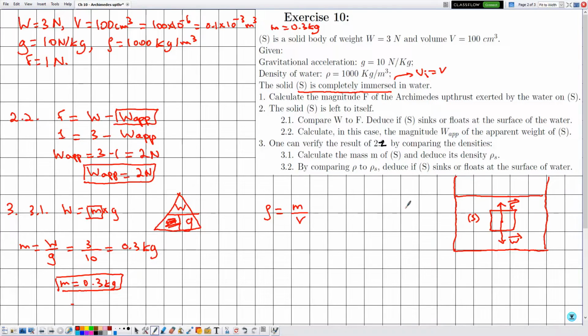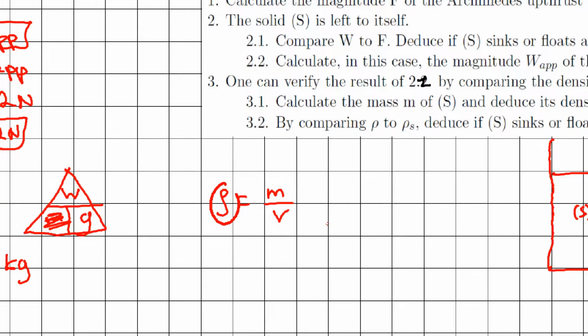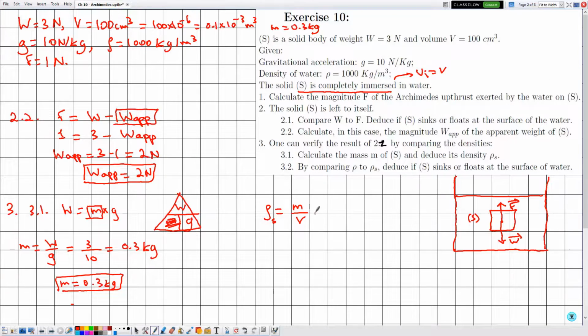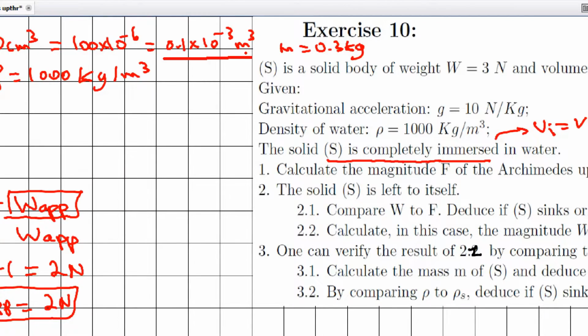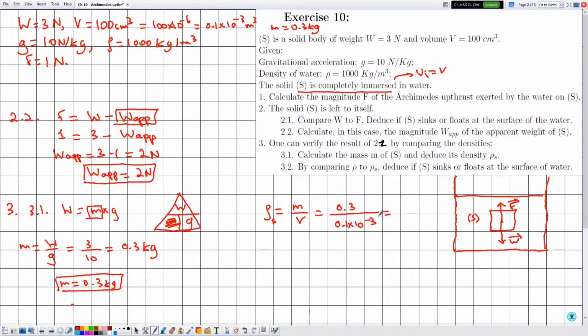No need to construct a triangle because this is the quantity that we want to determine, which is denoted by rho S. The value of m is given by 0.3 and the volume is given by 0.1 times 10 to the power minus 3 in the SI. So plugging this fraction on the calculator, the density is given by 3000. Since everything is in the SI, the value of rho S will be in the SI, which is kilograms per meter cube. Then the density of the solid is given by 3000 kilogram per meter cube.